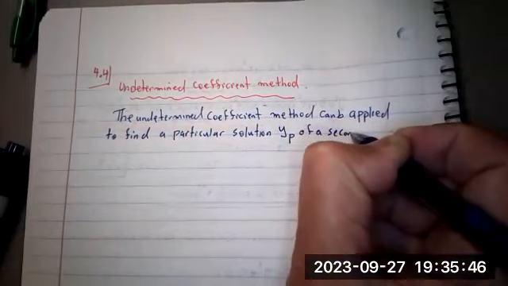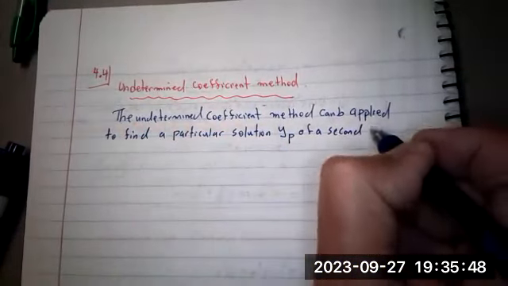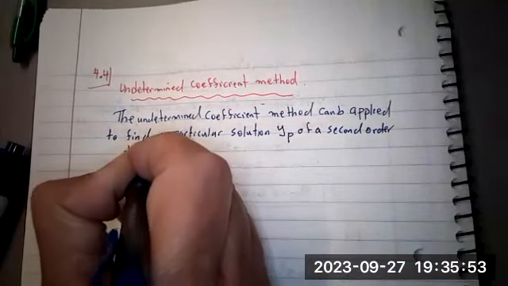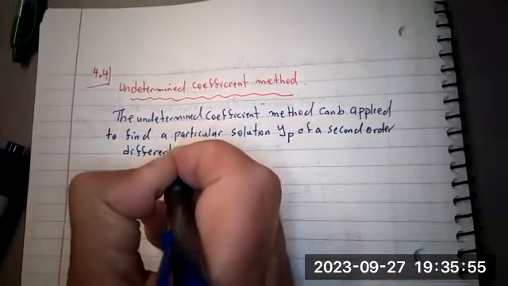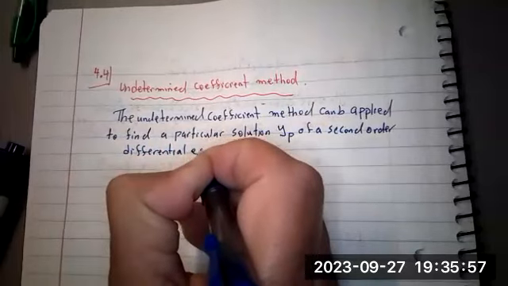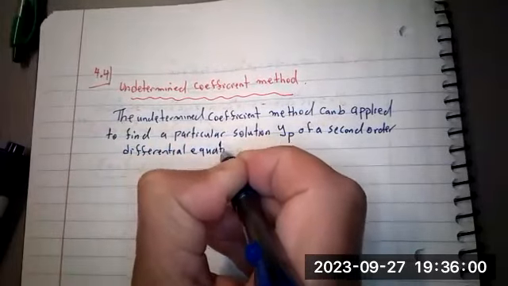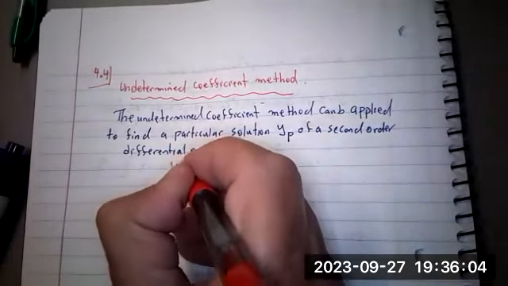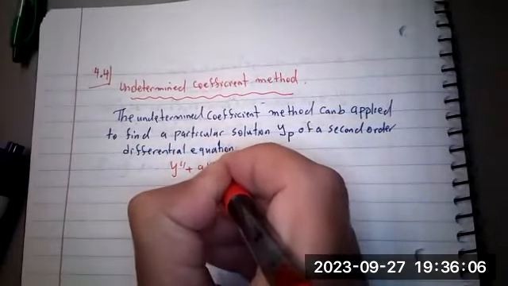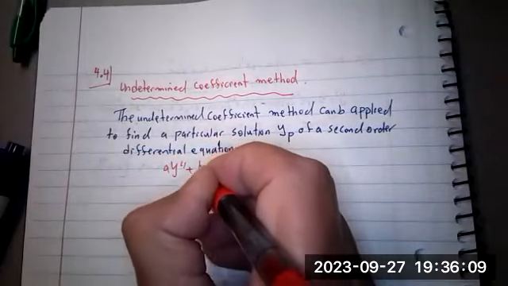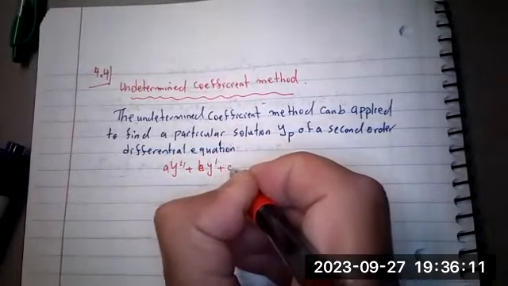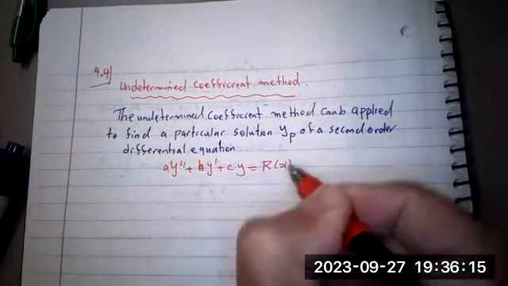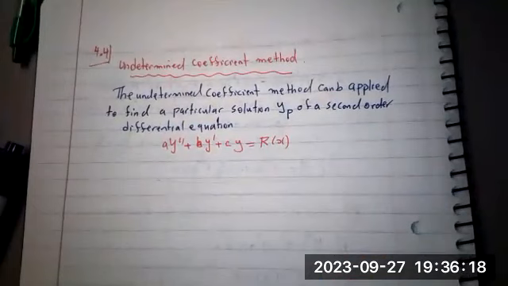We can do it for the higher order, of course. This is the differential equation that you can apply: a y double prime plus b y prime plus c y equal to R of x, not homogeneous, because you want to find a particular solution.